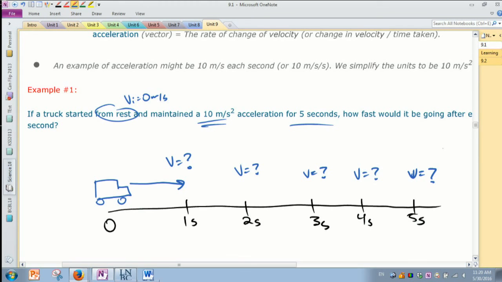Okay, if my car is accelerating at 10 meters per second, every second, how fast would my car, or truck I guess, be going after 1 second? Started at 0, increasing it by 10 every second. How fast am I going now?